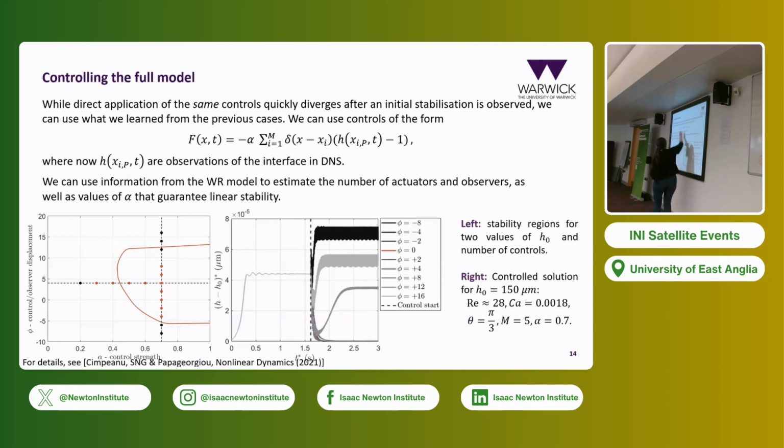And then what we did was, okay, put controls of this form with fixed alpha and varying the distance between the actuator and the observer, or fix the distance between the actuator and the observer and make alpha bigger. And so orange circles here means that we managed to stabilize the flat solution, and black circles means that we didn't. So the predictions are actually very good in terms of whether this is going to work or not.